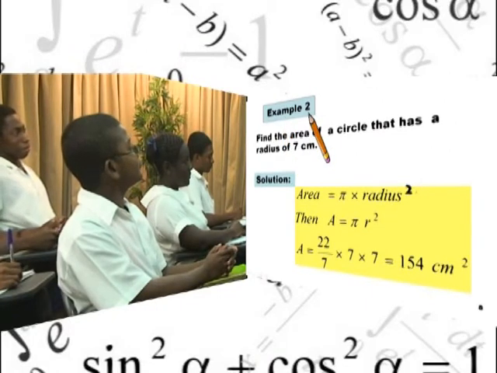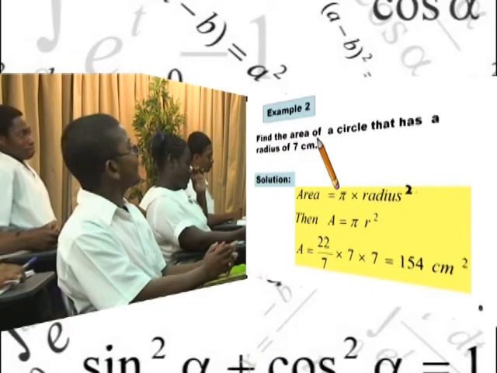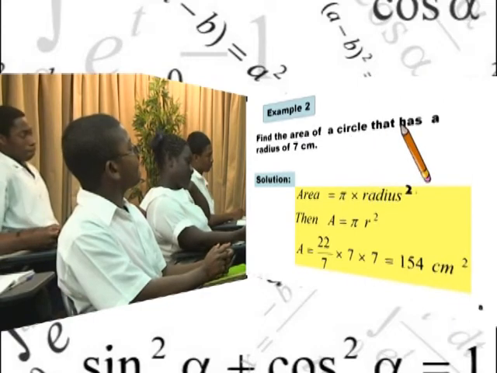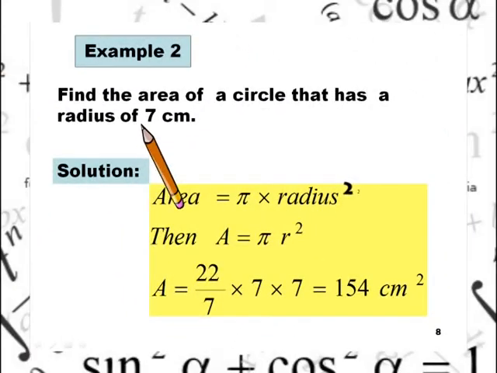Example 2. Find the area of a circle that has a radius of 7 cm. Solution. Area equals pi by radius. Then A equals pi r squared. A is equal to 22 upon 7 by 7 by 7, and that is equal to 154 cm squared.